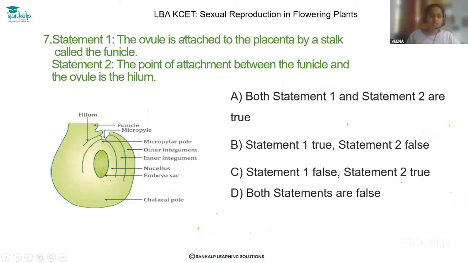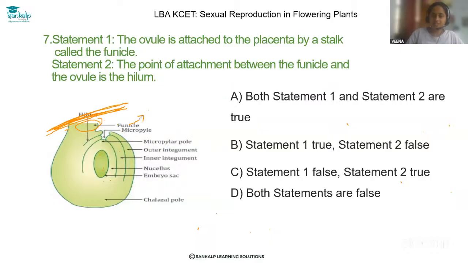See, here there is an anatropous ovule structure, let me explain. If you observe here, this is the anatropous ovule attached to the placenta. So here there will be a placenta structure and a stalk-like structure which is attaching to the placenta, that is called funicle, right?